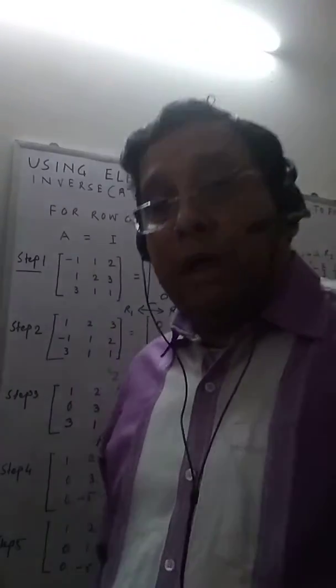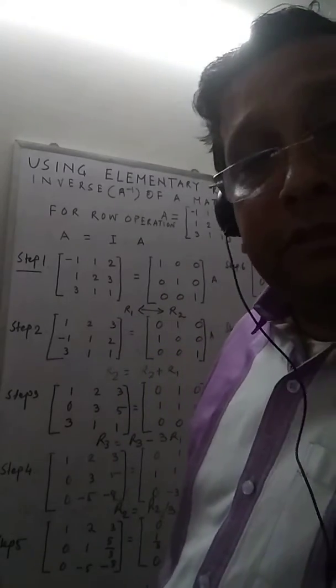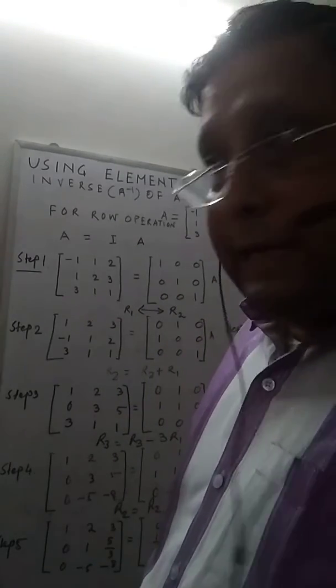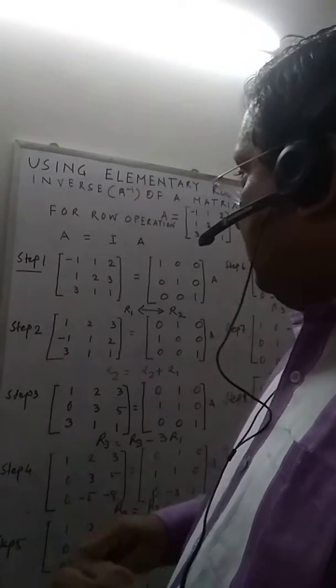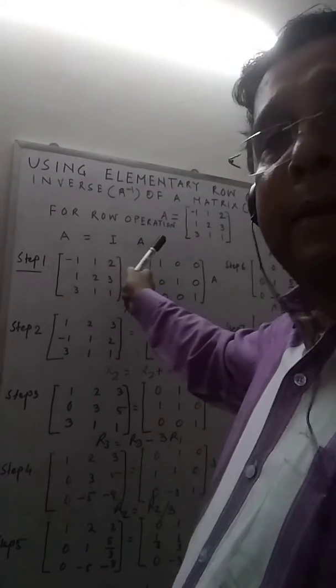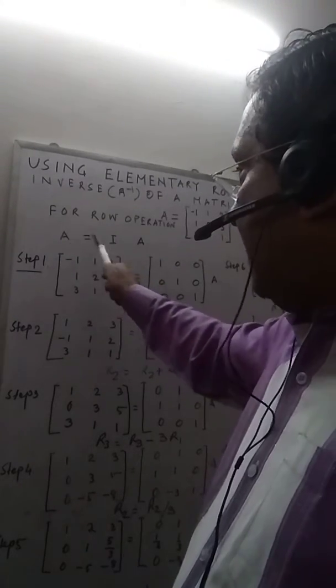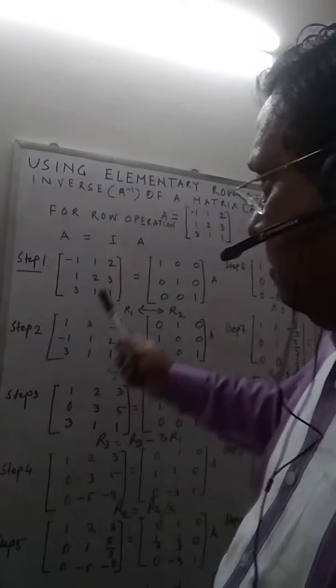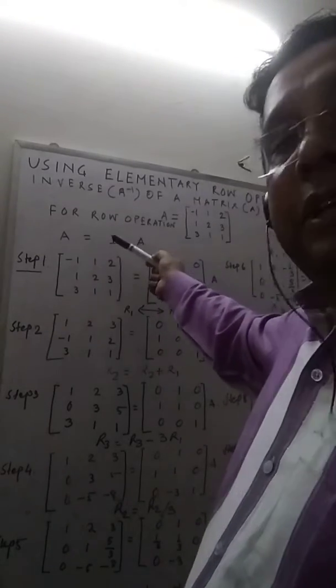Now, whenever you are using row operations, you have to keep in mind that this is the equation A is equal to IA, and I have written the equation in this way.